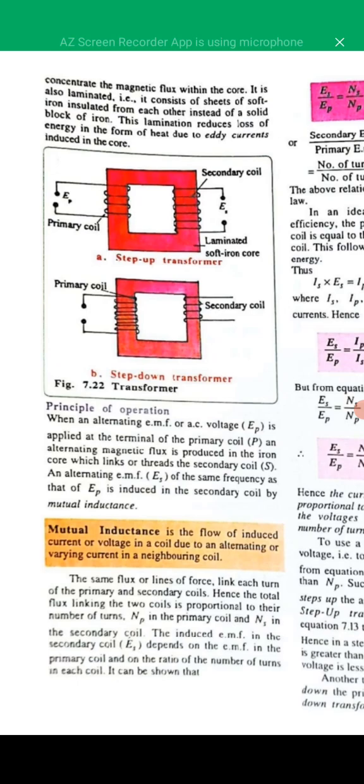What does that mean? One of the functions of this soft iron core in the primary and secondary coil is that it helps to ensure that the magnetic flux continually changes in the transformer.